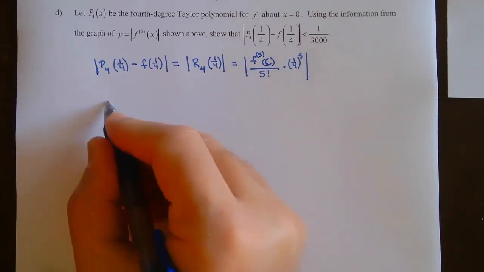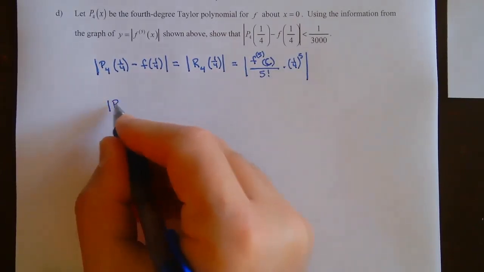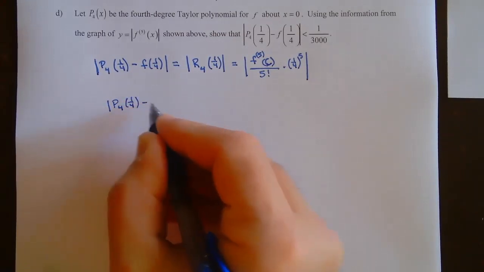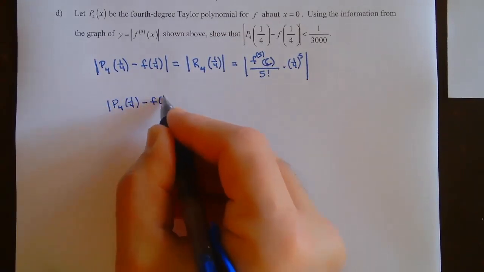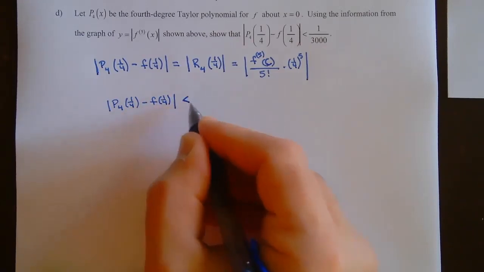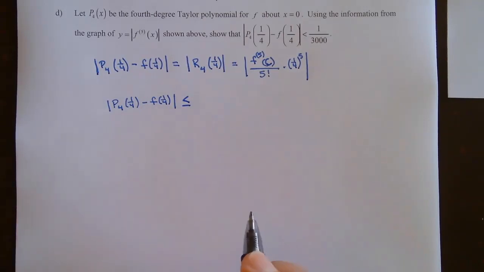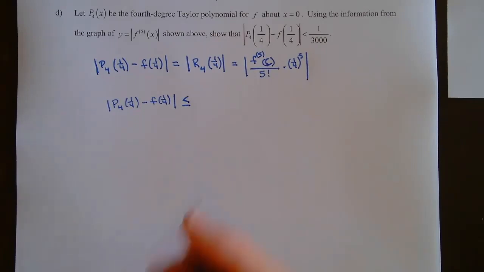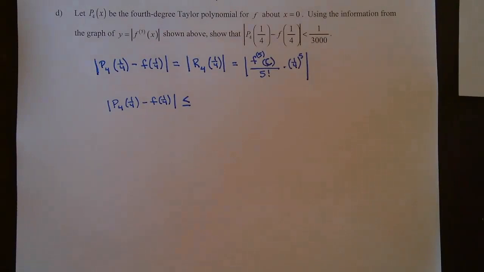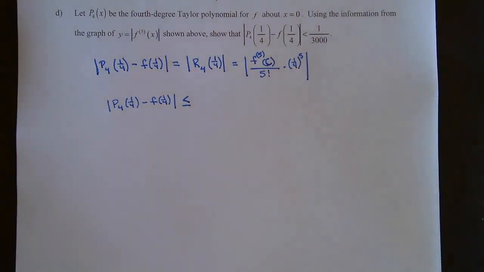So now we're going to look at the fourth order Taylor polynomial at 1/4 minus f of 1/4 has to be less than or equal to, okay? And here's where the fifth derivative graph comes in, okay? We're going to do the maximum of this, right? So if you look at the maximum, we're centered at 0, okay? So I'm going to pull the graph up, and here's the graph, okay?